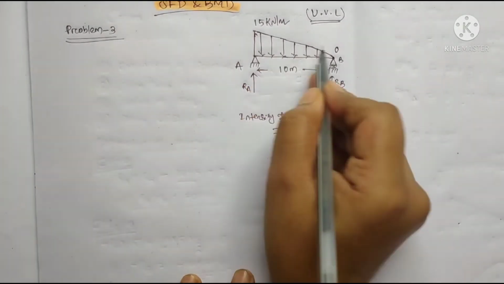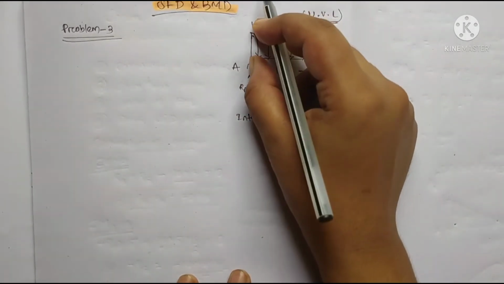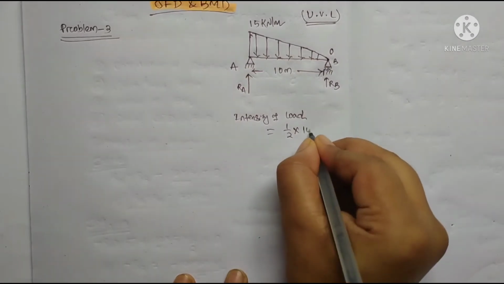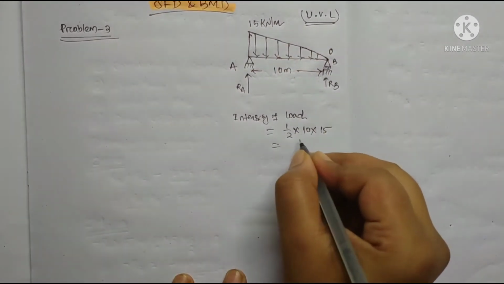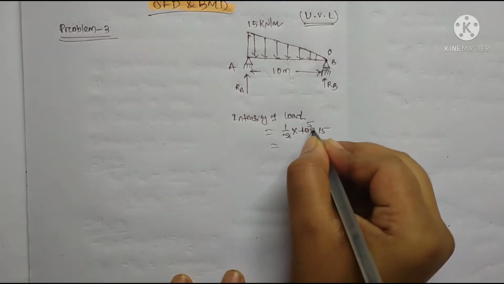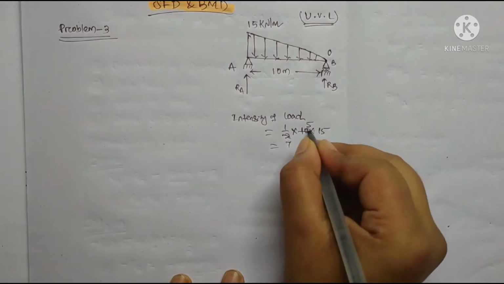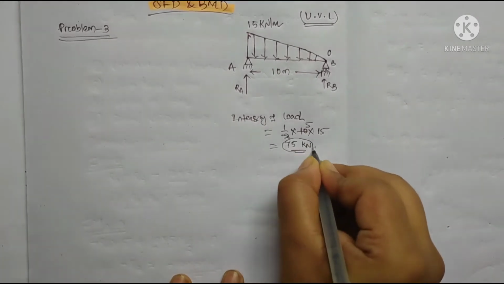Area will be half into base into height. Here base is 10 meter into height is 15. So the intensity of load will be half into 10 into 15, that is 75 kilonewton. This is the intensity of load.